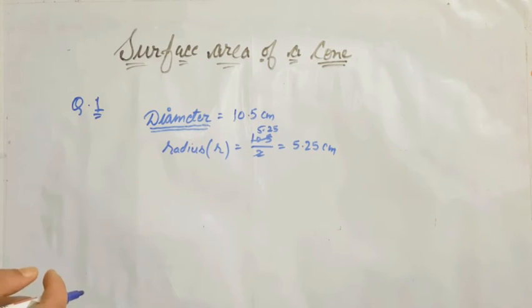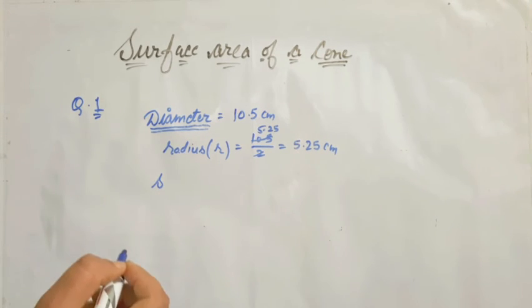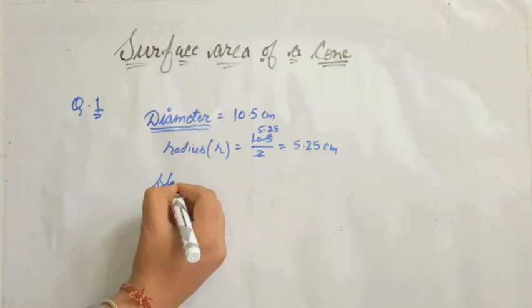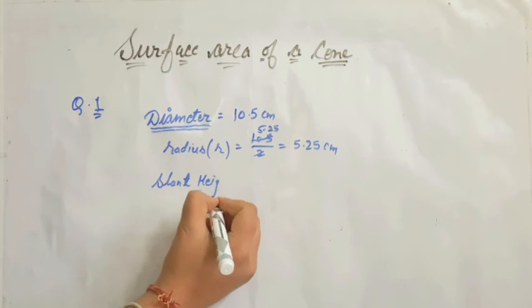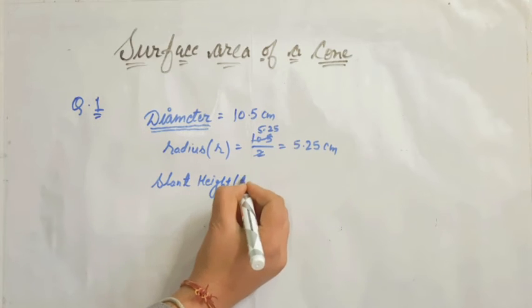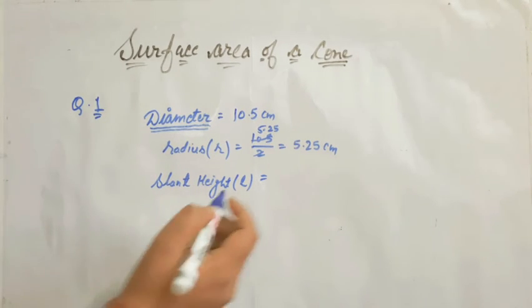And the slant height, remember, slant height and height are different things. So slant height, that is L, equals 10 centimeter.